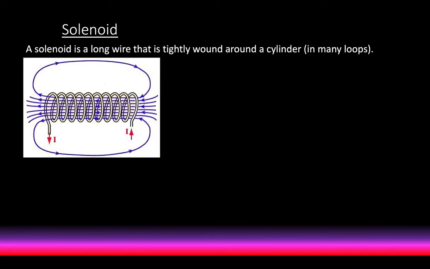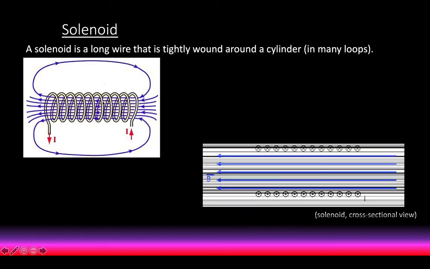Now, cylinders are big, wires tend to be thin, so we're going to have many, many coils all wrapped up together. And we're going to get this current spiraling around a lot. And the magnetic field lines will, in a certain limit, be approximately uniform everywhere in the center of the solenoid.